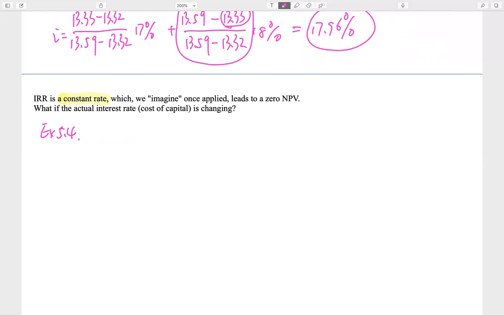But at least know the possible drawbacks of IRR, right? It's a constant rate, and it's often the case that the underlying interest rate is actually changing. So Vanessa invests $5,000 at the end of next 15 years.